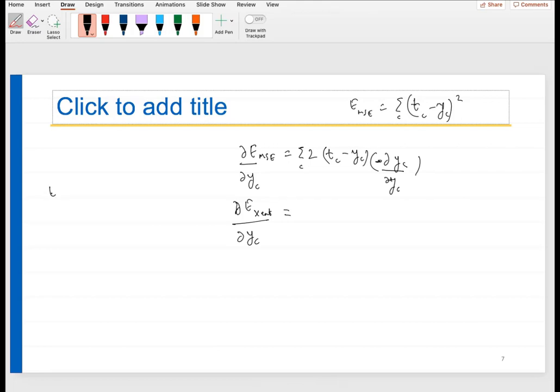My E cross entropy is equal to TC log of YC, summation over all C. This one is equal to TC divided by YC into, actually this is C dash if you remember.